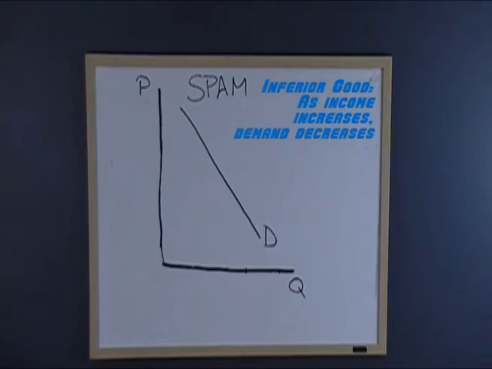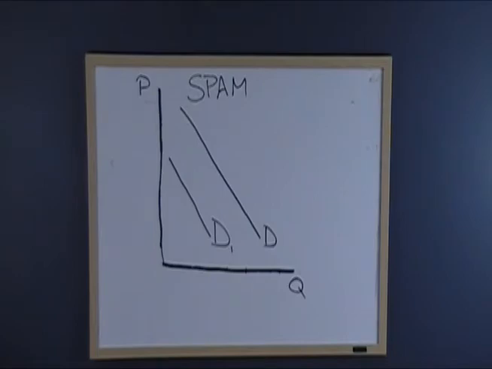So an inferior good, as our income increases, the demand is going to decrease. Again, what that means is that at any given price, the quantity demanded will go down. So there we see that at a specific price, the quantity demanded has actually decreased even though our income has gone up.